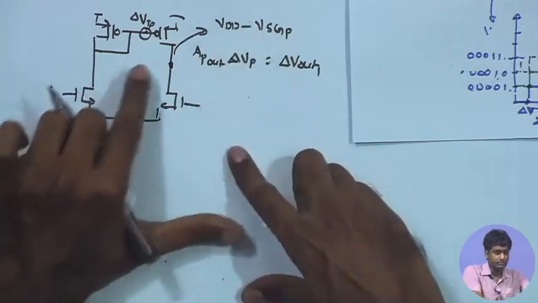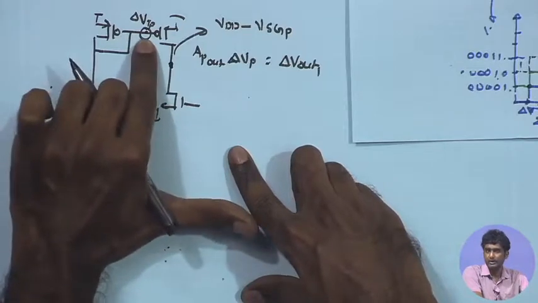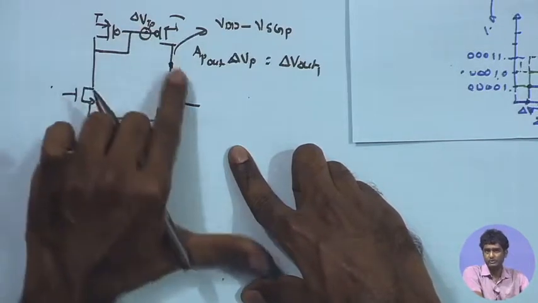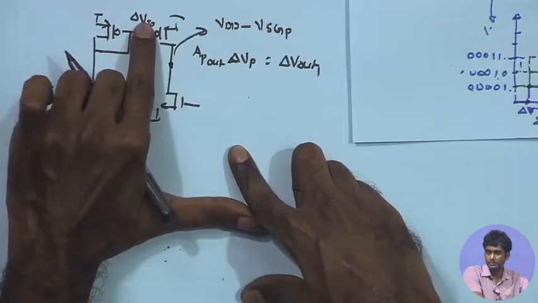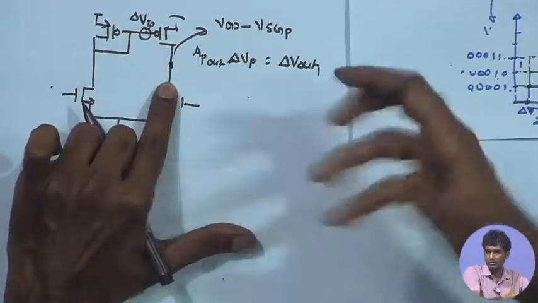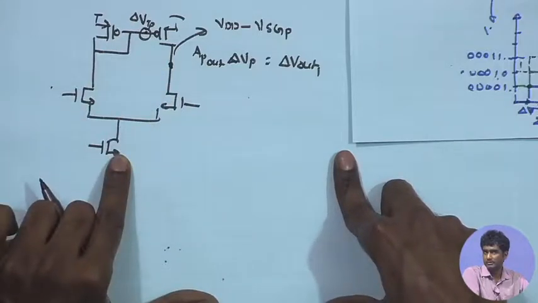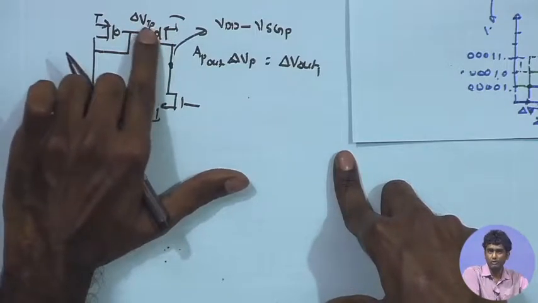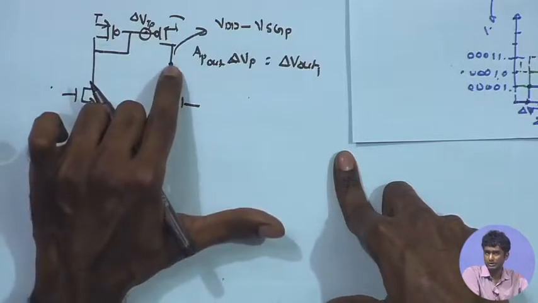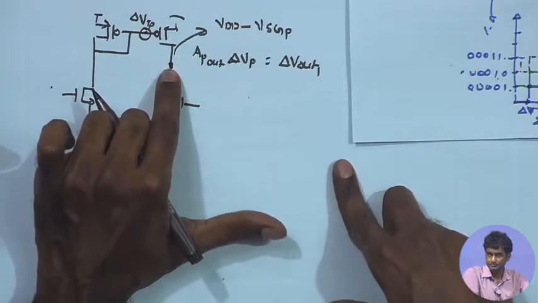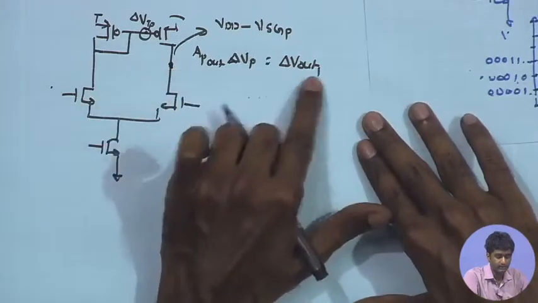But now, if I assume that there is a small delta Vt coming over here, whatever is the gain from this point to the output, it is just going to act like a common source amplifier. In the common mode analysis also we have done this kind of analysis. This is acting like a common source device, source grounded; you apply some delta Vtp, it leads to some voltage gain, and I can call it delta V out.